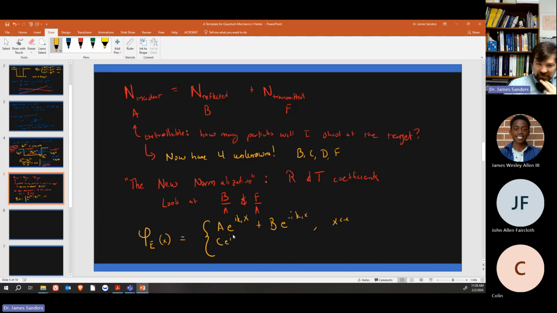Then c e to the i k2 x plus d e to the minus i k2 x. This is inside the well again. And then on the other end of the well, we just have f e to the i k1 x, since g has been eliminated.